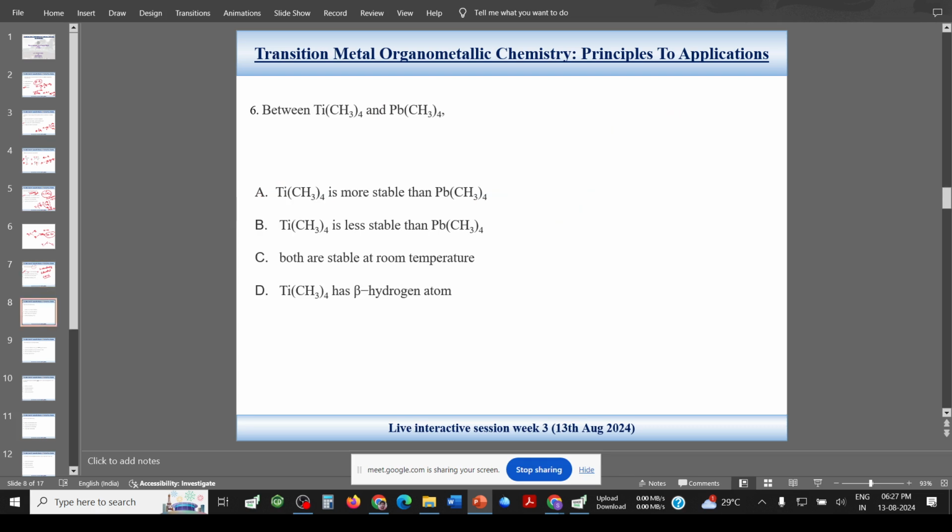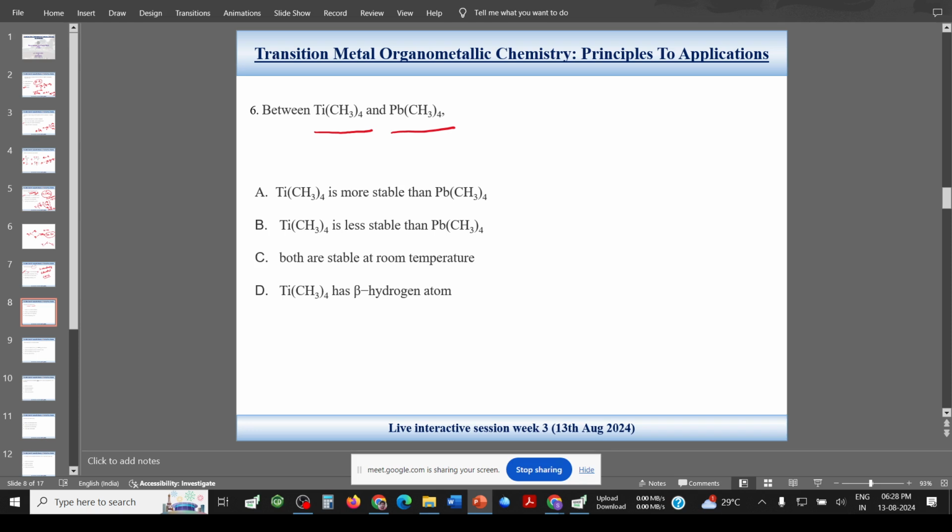Next question is between titanium CH3 4 and lead CH3 4. Again the stability, because this week we are mainly discussing the stability of transition metal alkyl complexes. Stability in terms of beta hydrogen elimination we have already discussed through this problem solving.